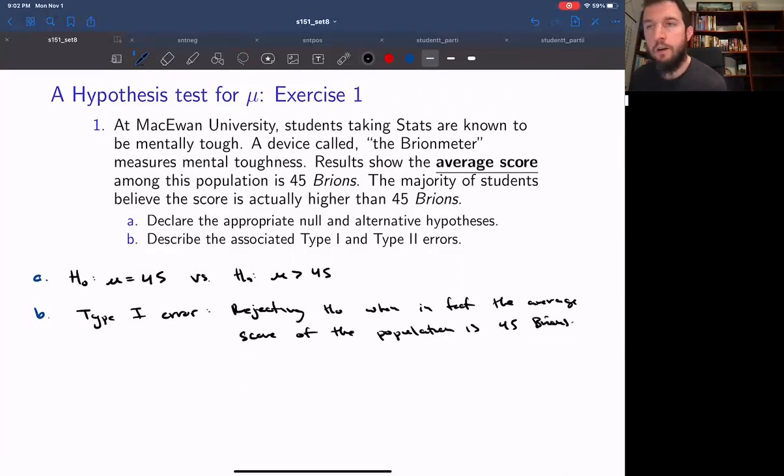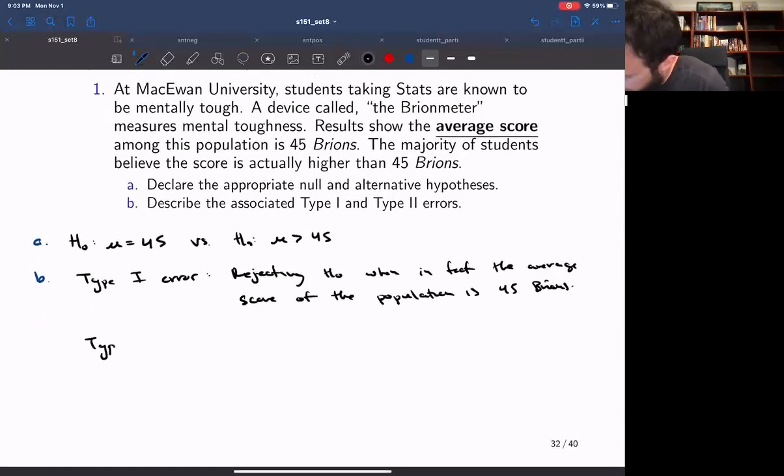So the type 1 error here would be we collect a sample, we conduct a hypothesis test, and we reject the null. But the truth is that the population actually does have a mean of 45, but the sample didn't show that. So that would lead to a type 1 error.